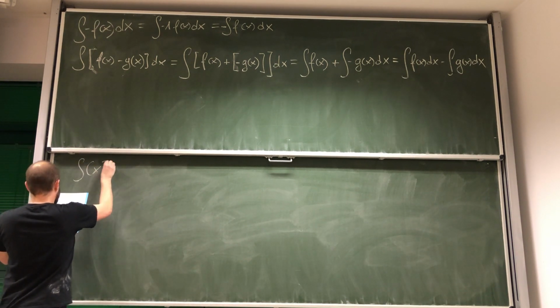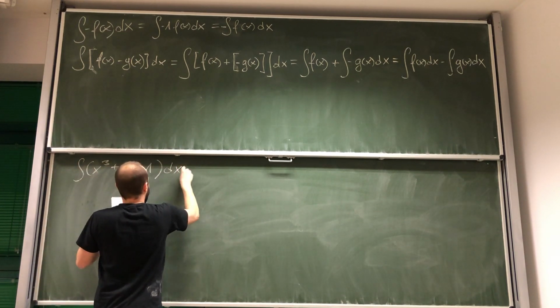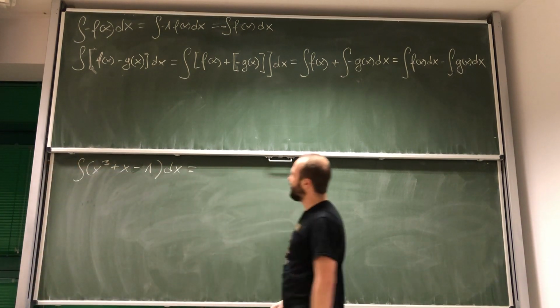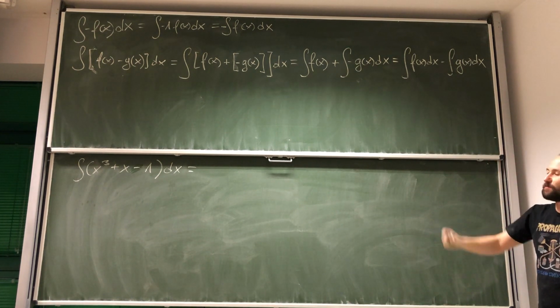Integral of x cubed plus x plus y dx. Okay, or let's just put it minus. So now, with the knowledge we've got, we know that we don't need to integrate each of these using some specific rule.